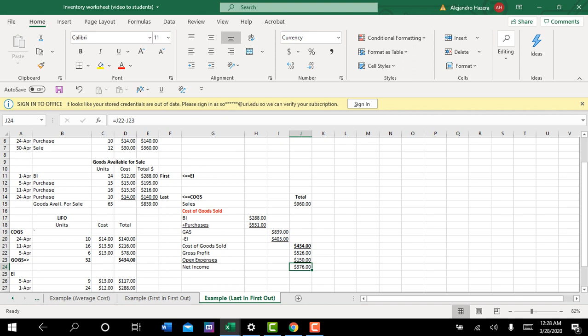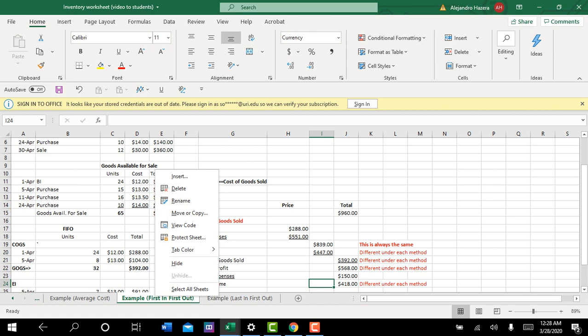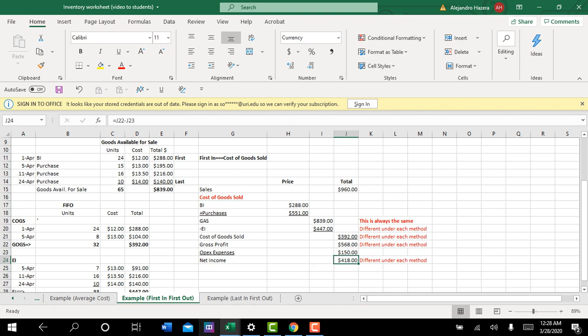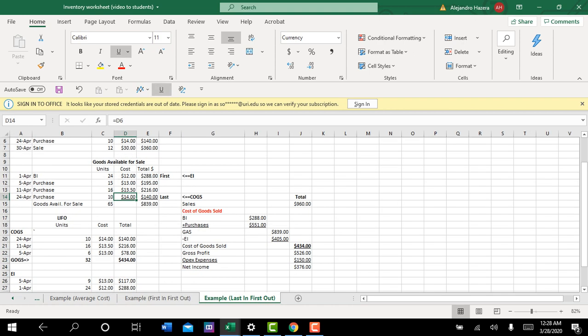Now let's go back and look at first in, first out. Under first in, first out, my rule came true. What I just said was if prices are rising, like here, your cost of goods sold will be greater under LIFO, and your gross profit and net income will be less under LIFO than under FIFO. And that's come out to be true.